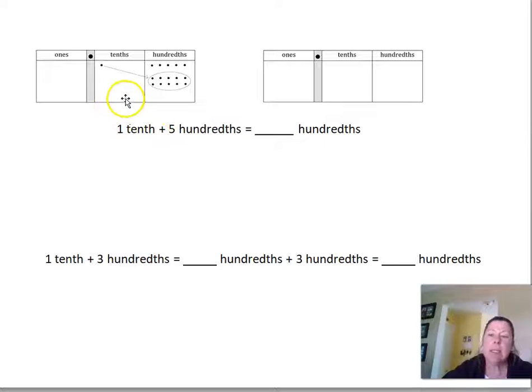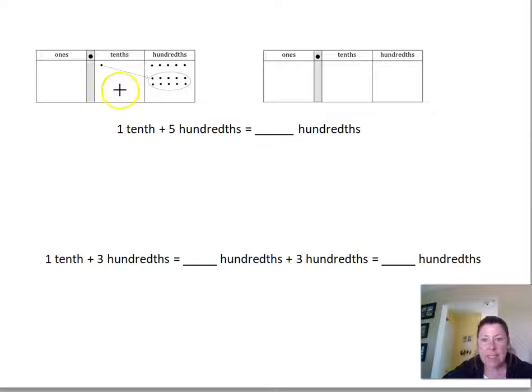This is the place value chart that you see in front of you. You'll notice that they put one disk to represent the 1/10. They put 5 discs here to represent the 5/100ths.